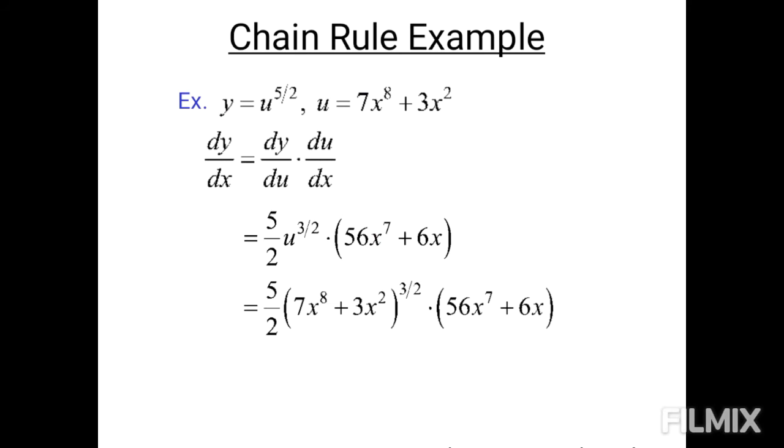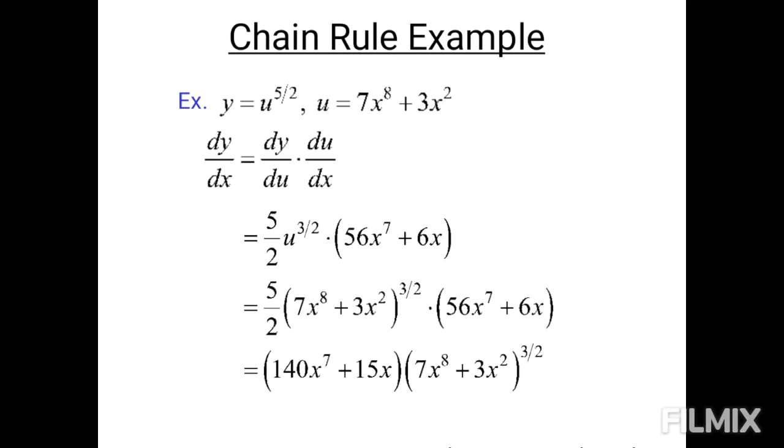And then multiply this 5 halves to these terms. There we have 5 halves times 56x raised to the 7, which is 140x raised to the 7. 5 halves times 6x is 15x.